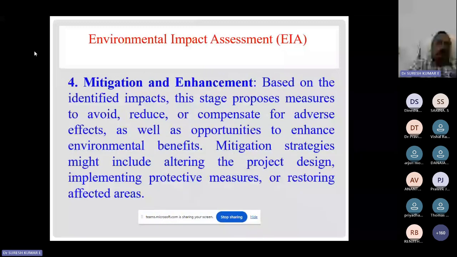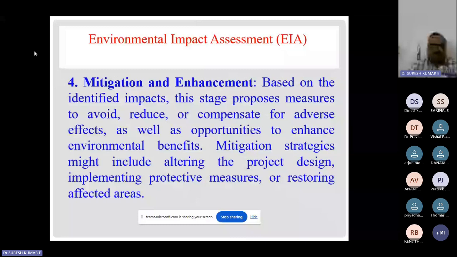Now we'll come to mitigation and enhancement, the fourth stage of the environmental impact assessment. Based on the identified impacts, we will get a set of impacts. This stage proposes measures either to avoid or reduce or compensate for adverse effects. Okay. For plastic, we have this policy now, RRR, is it? Reduce, recycle, reuse, and all those.